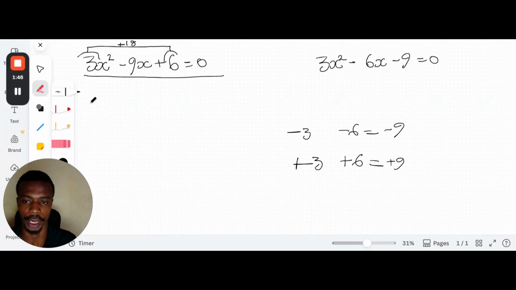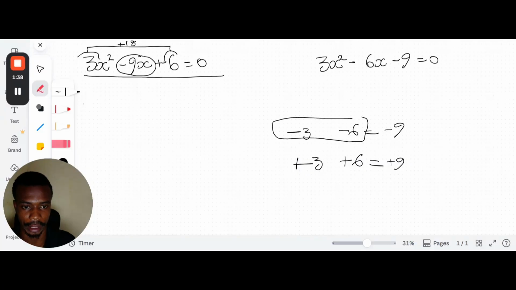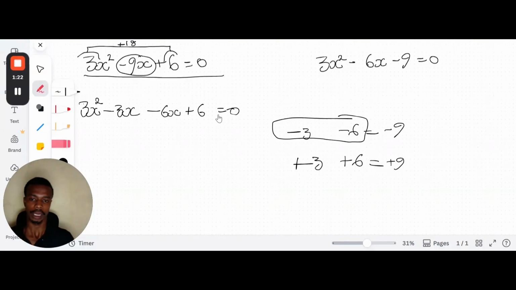So what you do here is this. You're going to replace this minus 9x with this, right? So we're going to have 3x squared minus 3x minus 6x plus 6 is equal to 0. Now we have done this.